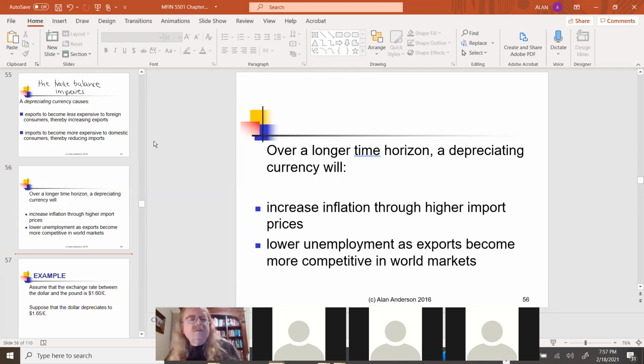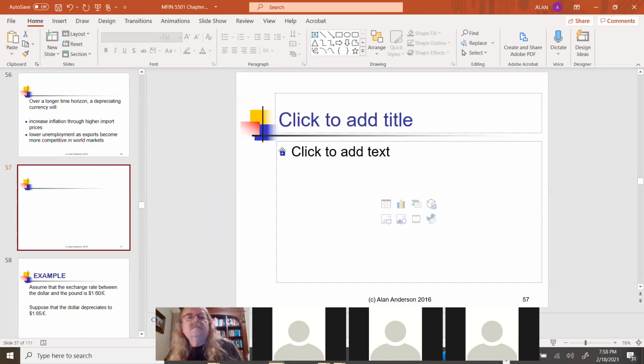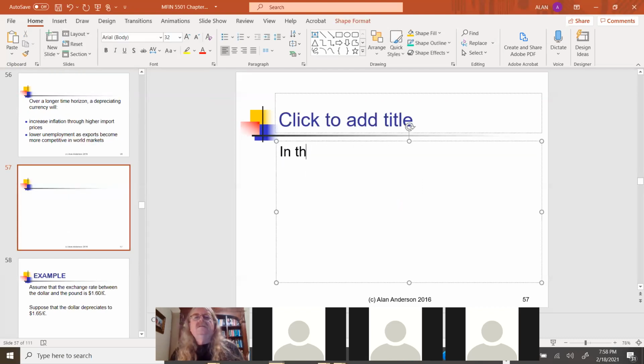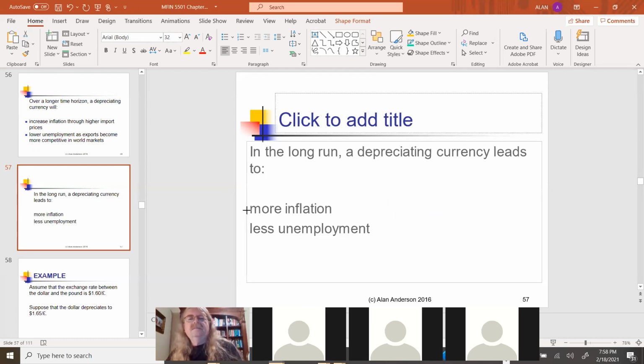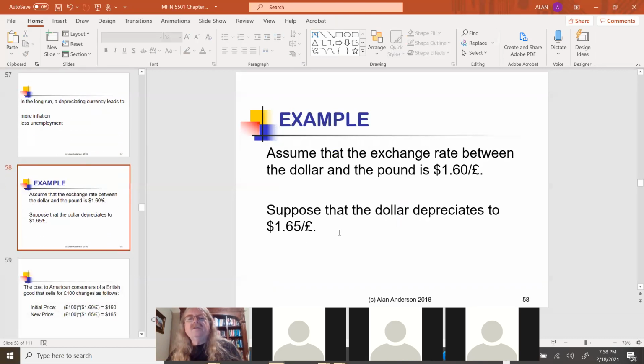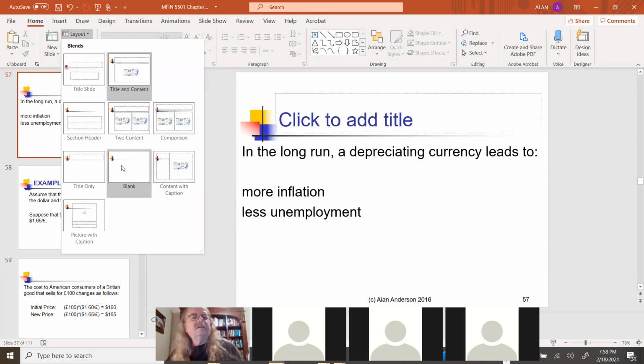So let me just quickly summarize that for a second. In the long run, a depreciating currency leads to more inflation, less unemployment. Okay, and that, of course, means that in the long run, the opposite happens if we have a strengthening currency.